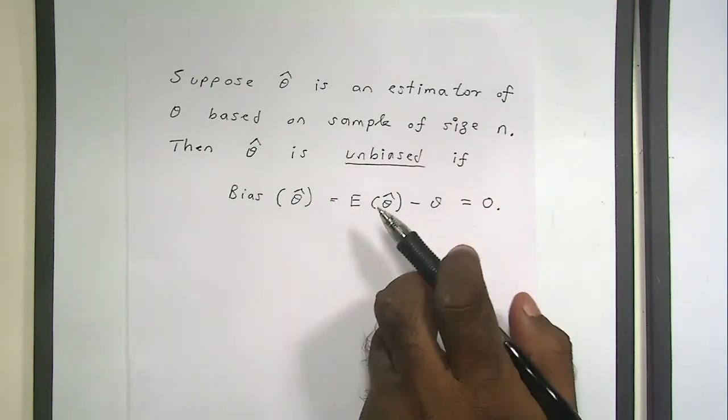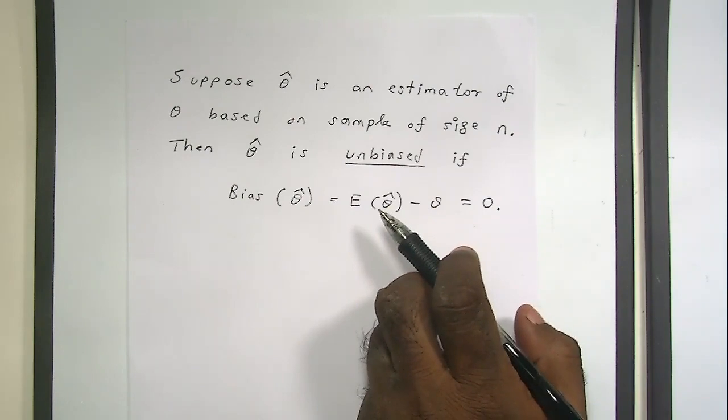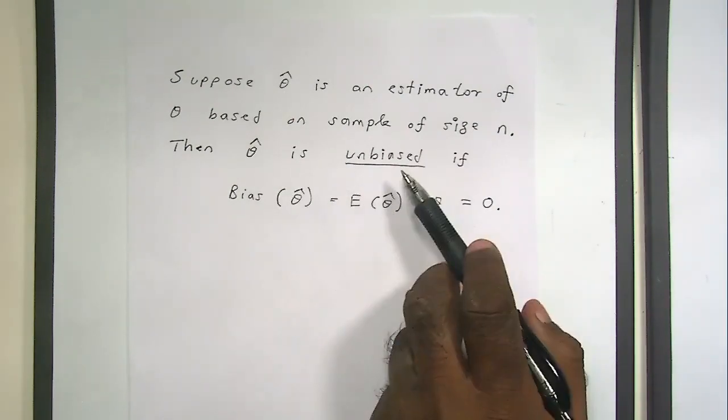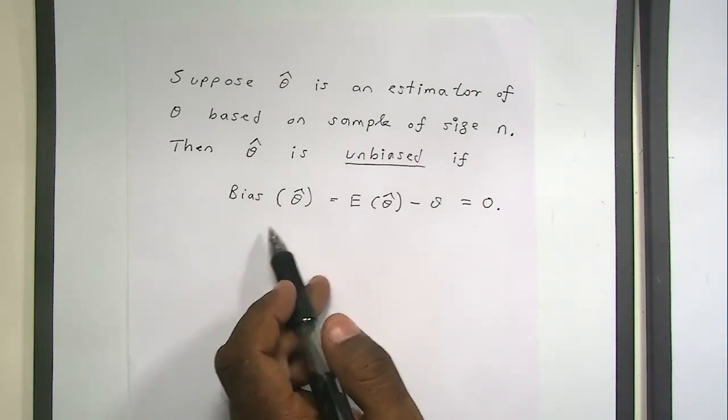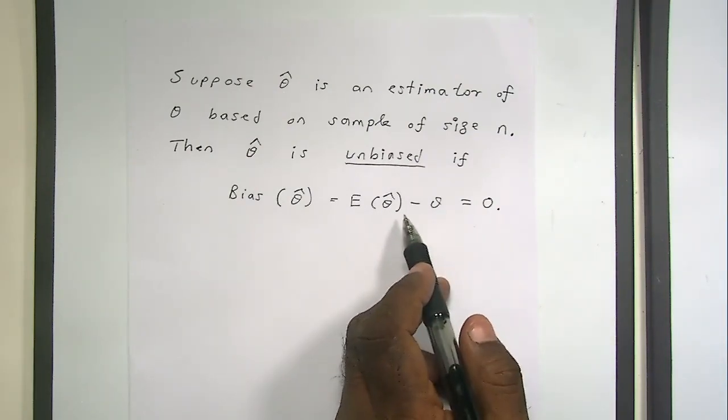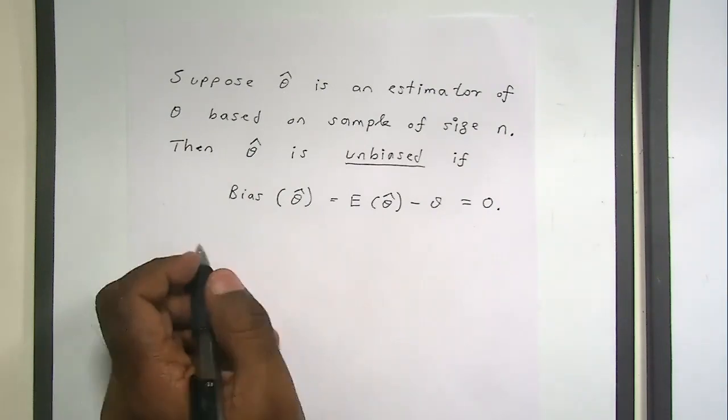I'm sure you've done this before; if you haven't, just look it up on my website. The estimator is said to be unbiased if the bias, which is defined as the expectation of theta hat minus theta, is 0.